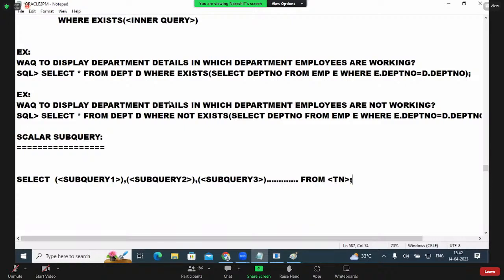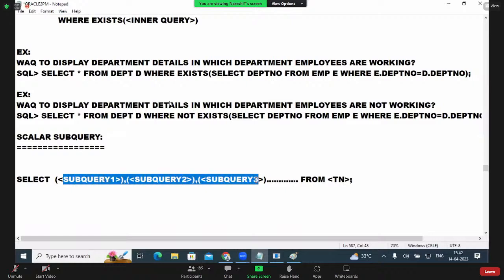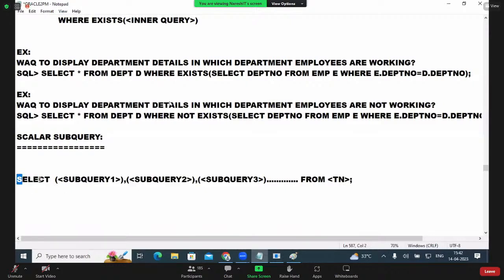This is the latest one, remember. So in every column position, in place of column name, I'm giving a subquery statement. So that means providing subqueries in which clause? Select clause.